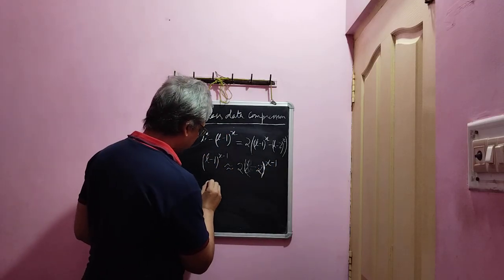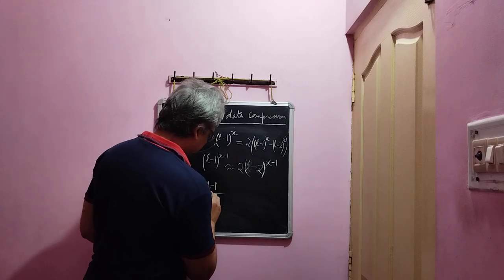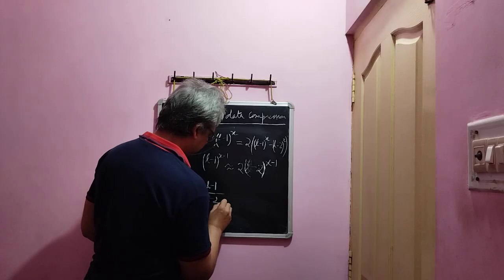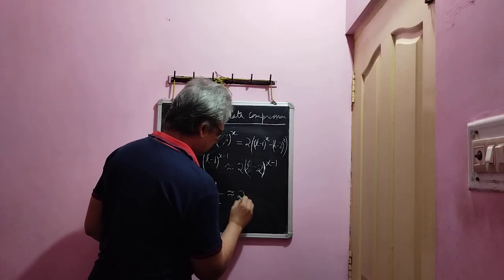In other words, we require L minus 1 by L minus 2, whole power x minus 1, nearly equal to 2.